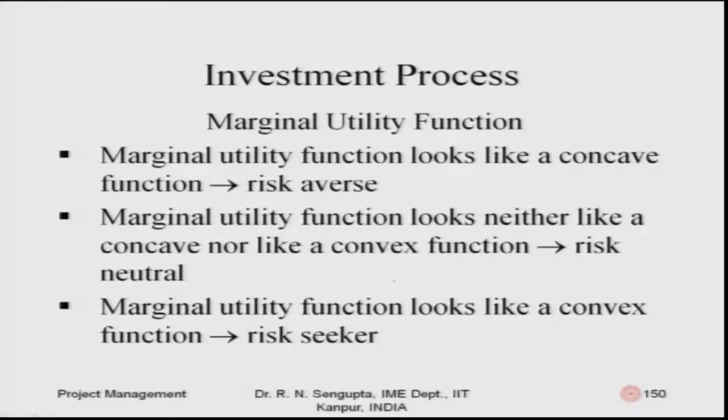The blue one, the second bullet point, has a marginal utility function that is neither concave nor convex, a straight line, which is risk neutral. And the green one, which is dipping like this, is a risk averse person.